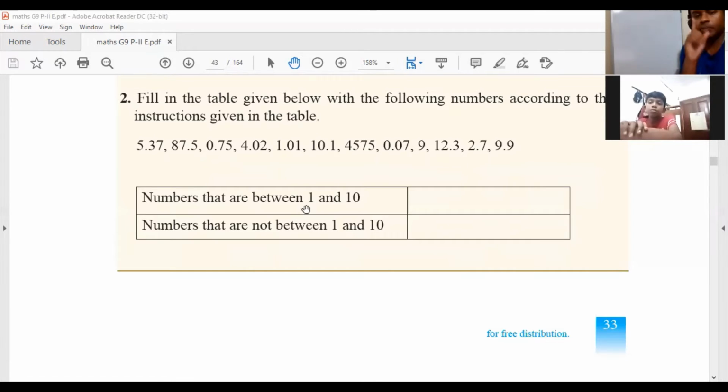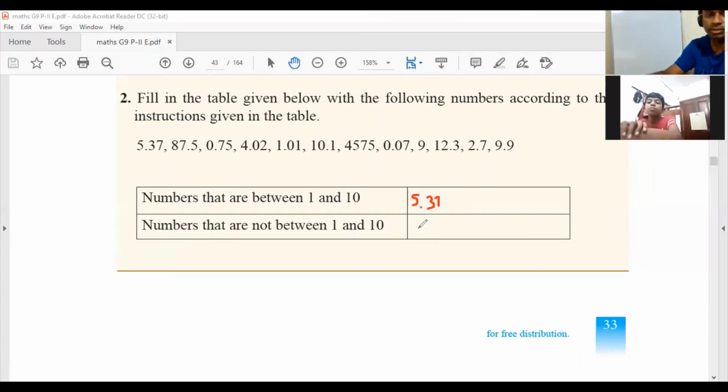5.37. To which category? Between 1 and 10. Okay, that is correct. 87.5. Numbers that are not between 1 and 10.